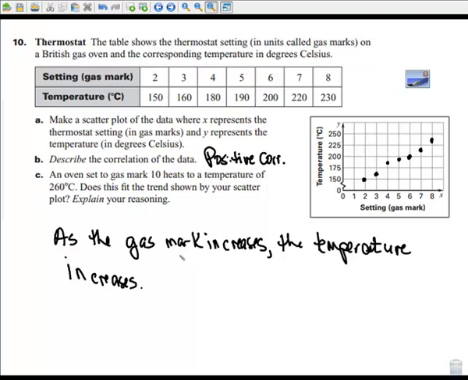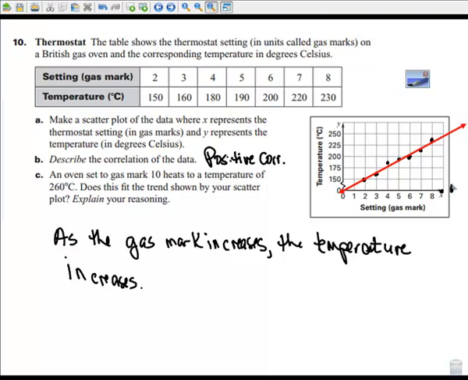A gas mark of 10 heats to a temperature of 260. Does this fit the trend that's shown by our scatter plot? Well, what I'm going to do is extend a line right through here and see if it would actually fit the trend. So here's 9, 10 would be right around here.